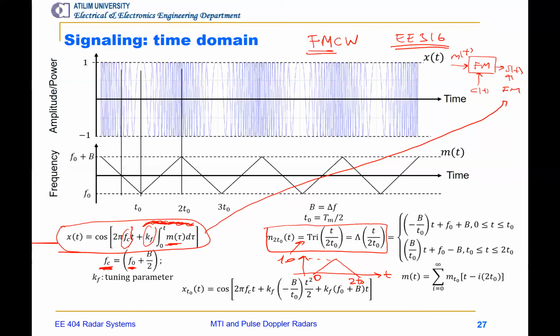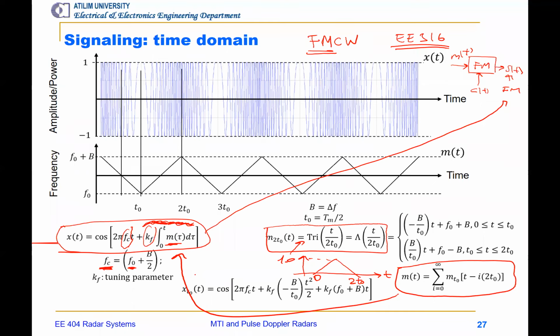This triangle continues from whenever you turn on the system, it starts and then continues until infinity. So we talk about a sequence of triangles, a summation of triangles. Mathematically, we can write a summation of triangles, each shifted by 2t_0. It repeats itself every 2t_0. Is that clear? Now, use it in this equation and then get the FMCW signal.